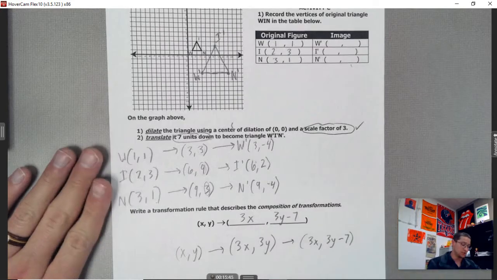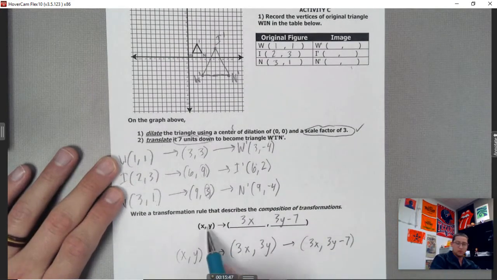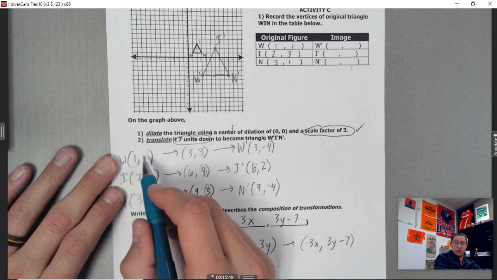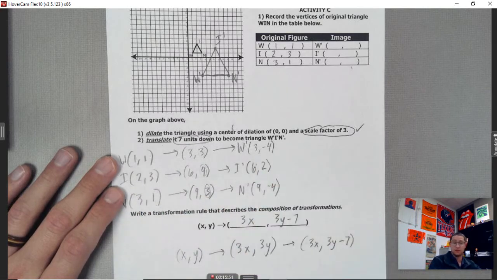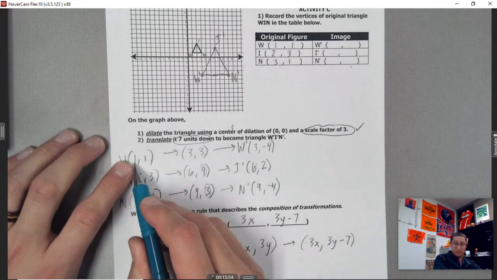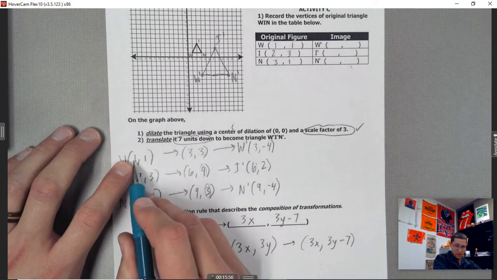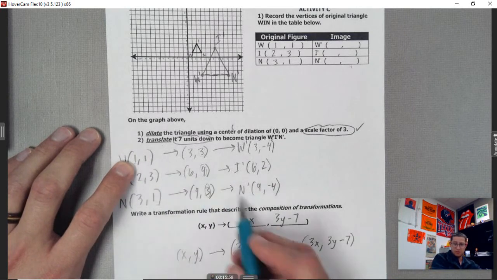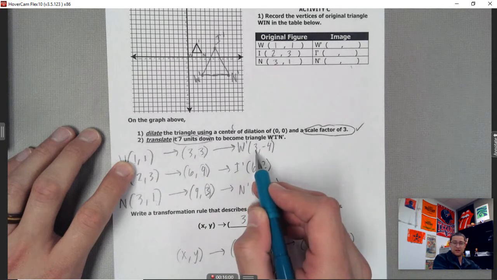Okay, and what you can do, just so you know, once we have that rule, you could theoretically jump from here to here. Okay, let's just try it out. That'd be inputting my x coordinate, right? Here's my x. Well, 3 times x, I put it in that slot. There it is, it's 3.